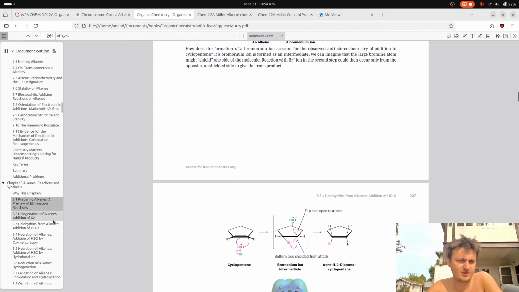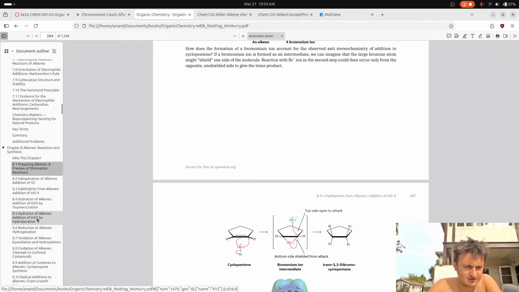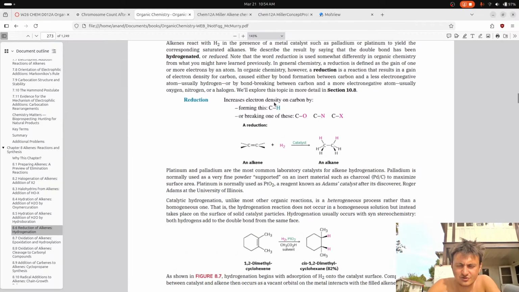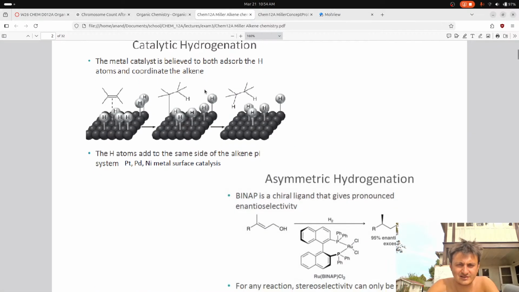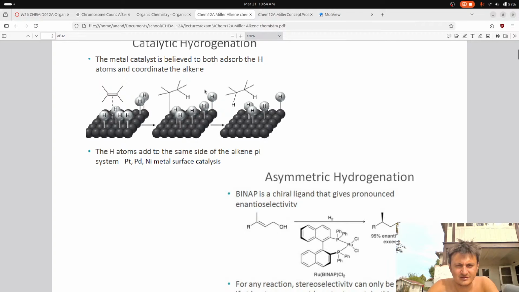I don't remember where the hydrogenation is. Oh, here we go. You use a metal catalyst, like palladium or something. That one's not that important, I think.